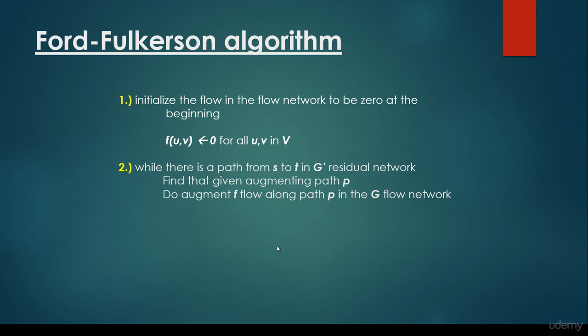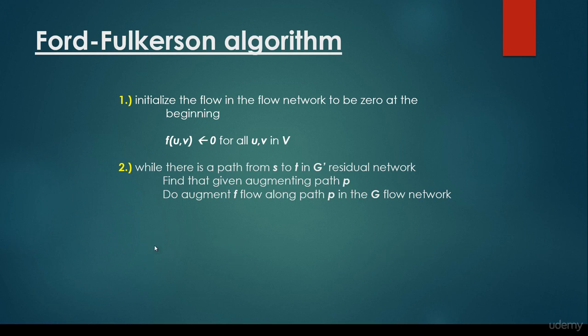We calculate whether it is possible to flow some units over the edges, and if it is, we update the edges of the original G flow network with these updated flow values, and we keep iterating while we can find any more augmenting path in the residual network.